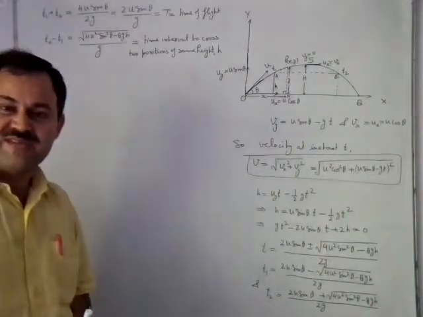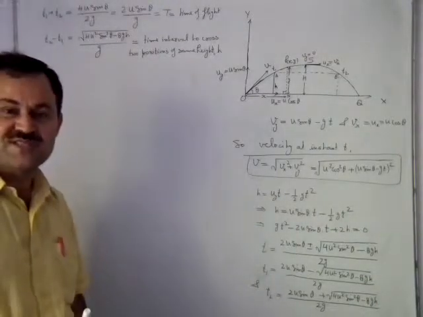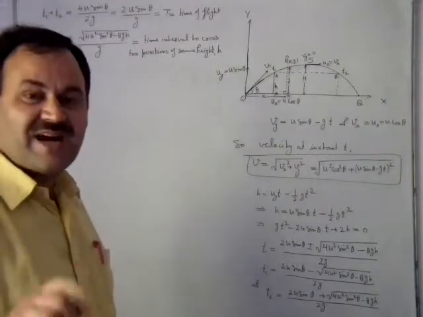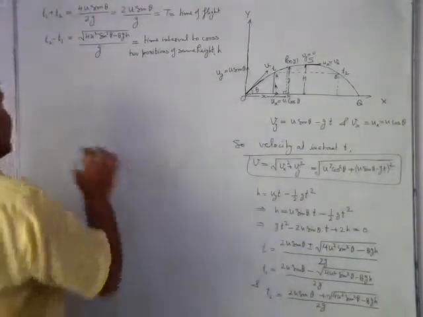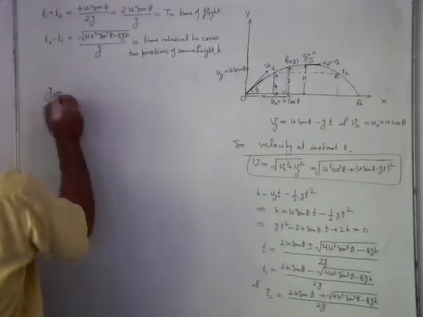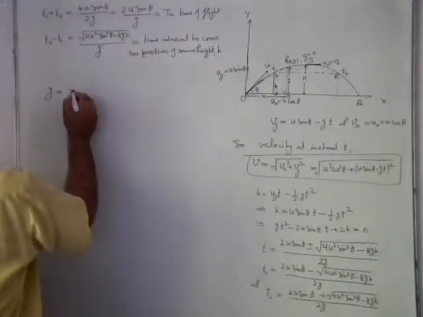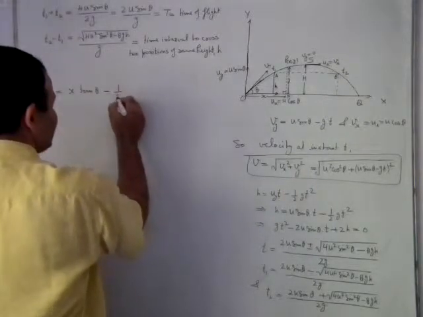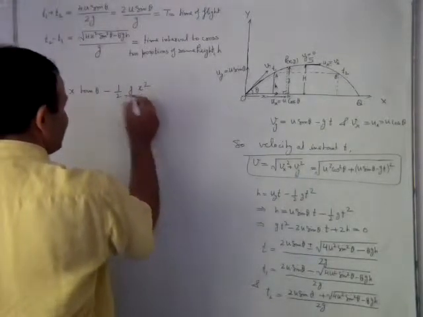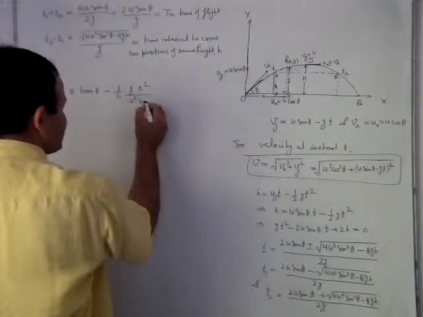Sometimes for solving a few questions we require another form of the equation of trajectory. The equation of trajectory which we had obtained was y is equal to x tan theta minus half g x square upon u square cos square theta.